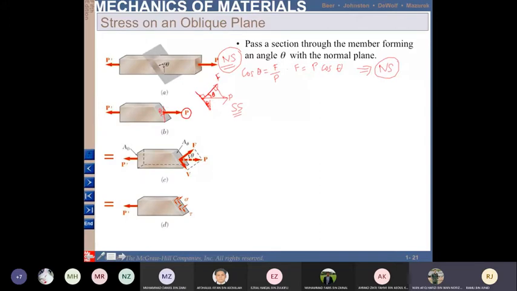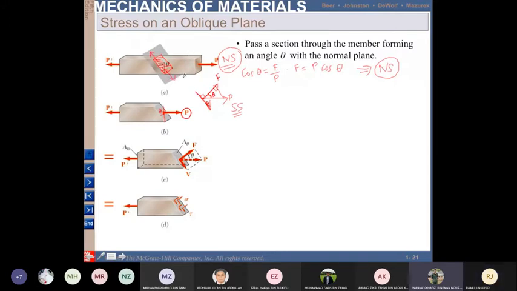Parallel means if the area is here, the direction of the force should be parallel to the area.